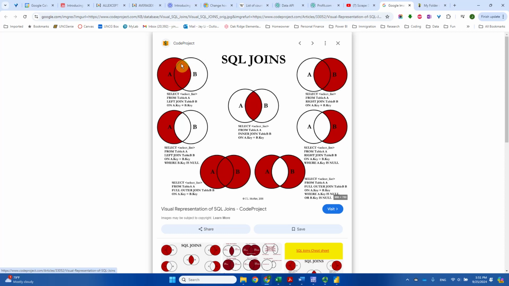So this is the overlapped part, what we call the intersection between A and B. The European countries are contained in both A and B. That's the overlapping part, or the intersection between A and B. This part of A, which is not part of table B, are the Asian countries. All right, and this part of B, which is not contained in table A, are the North American countries.